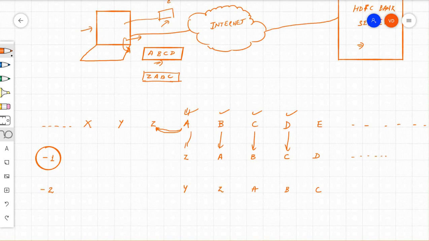You must be thinking that it is very easy to decrypt, because I just need to read A instead of Z. But the concept here is, this was my plain text. And I have a formula that if I shift it towards left by one, it will become ZABC.